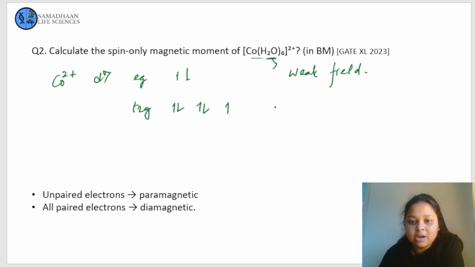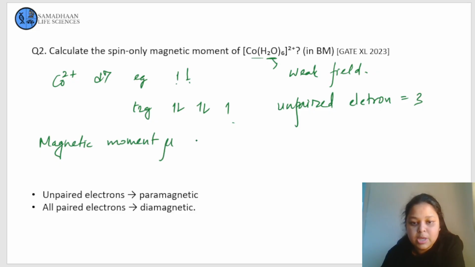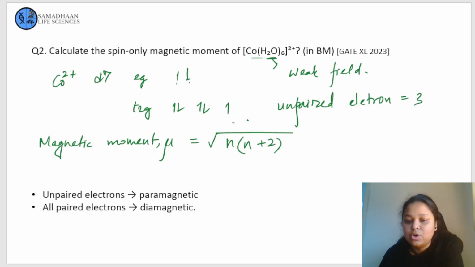So we have to calculate the total unpaired electrons for calculating this magnetic moment. Here 1, 2, 3. Now the formula to calculate this magnetic moment mu is equal to root over n into n plus 2.